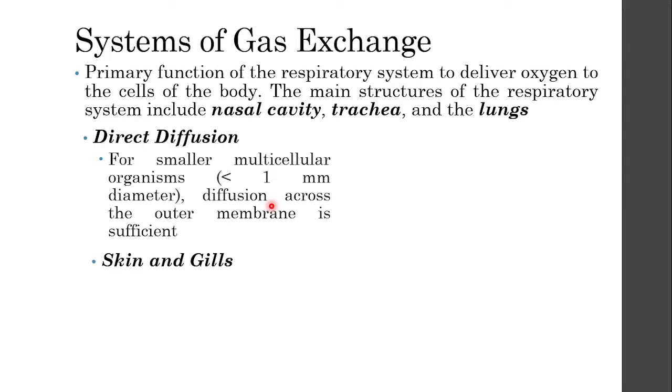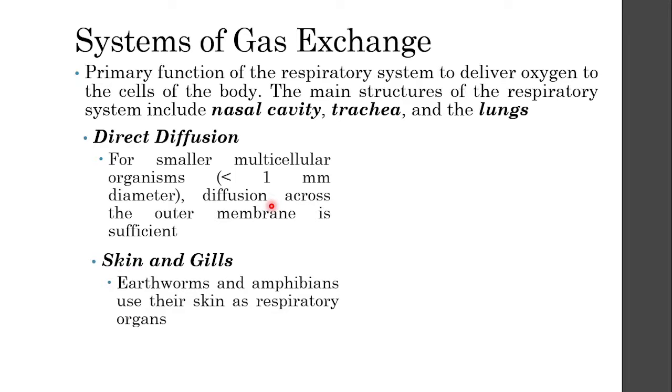Another thing is skin and gills. A lot of earthworms and amphibians use their skin as their respiratory organs. Just below the surface of their skin, they have their blood vessels nila doon, no? So instead of having the quite complex respiratory system that we have, in which we have to create the negative pressure, inhale air, ang mga earthworm and amphibians actually use their skin.